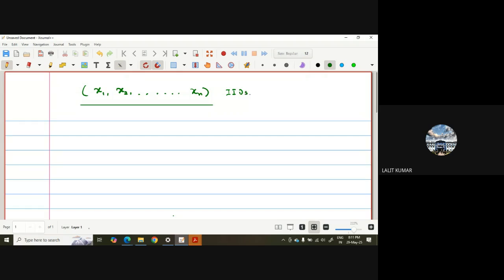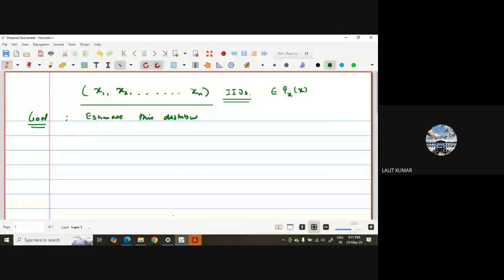It means they are identical, independent, distributed. But we know that they are coming from some distribution, P of x, but we don't know that distribution. So what is the goal? The goal is, first of all, to estimate this distribution.